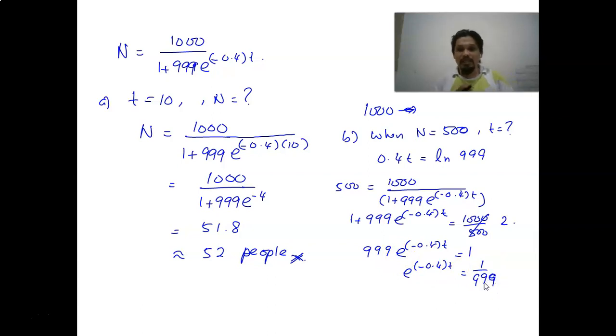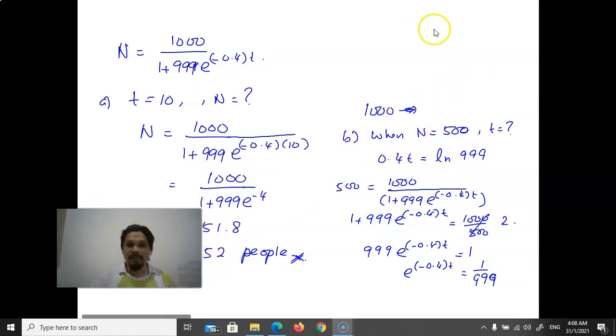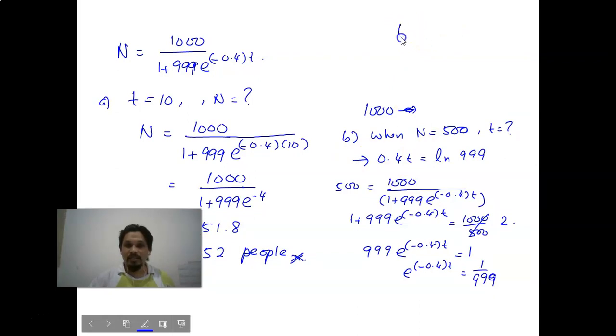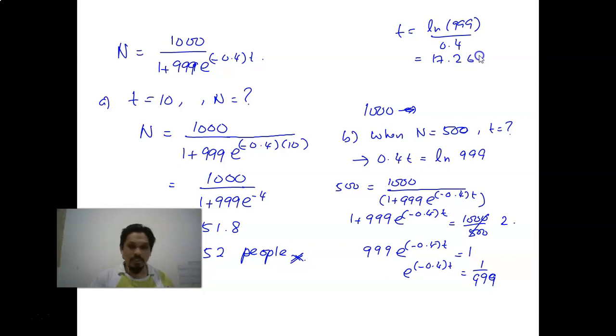Okay, this one here might seem different from the earlier one, but if I directly refer from there, then t equals natural log of 999 divided by 0.4, and it is going to give you 17.2668 and so on.